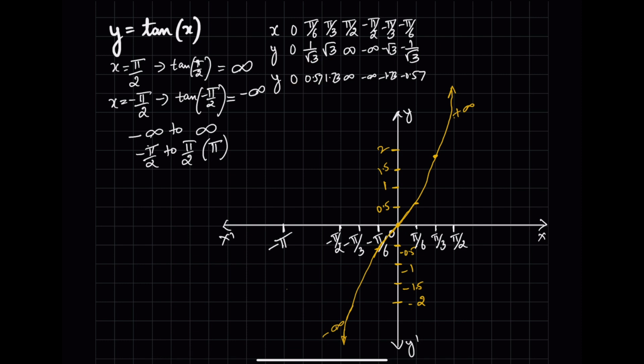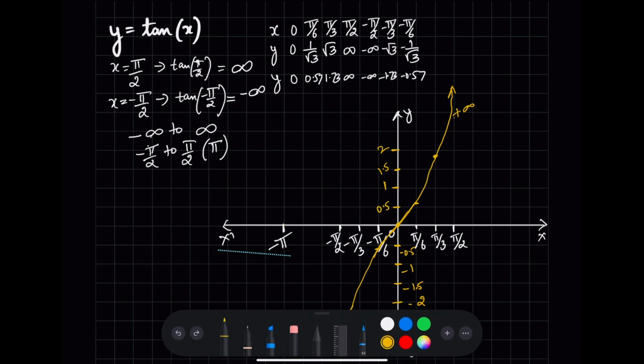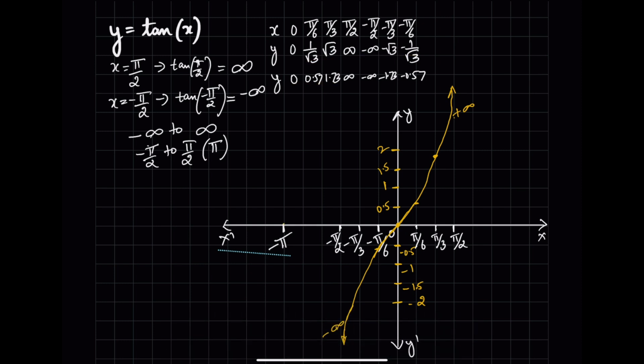So at minus pi, it would be 0 because tan pi is 0, and the upper part would be somewhere something like this. Let me fix this. So this would go in this fashion, and here if it is minus 3 pi by 2, then it would be minus infinity again, and this would be like this.